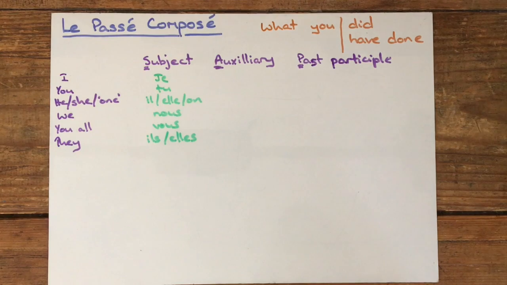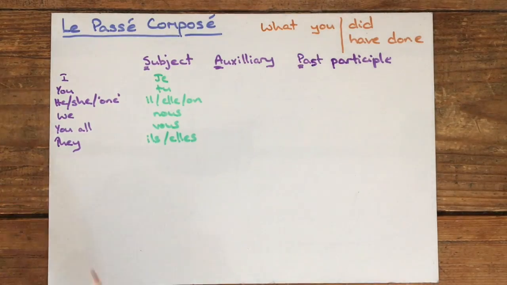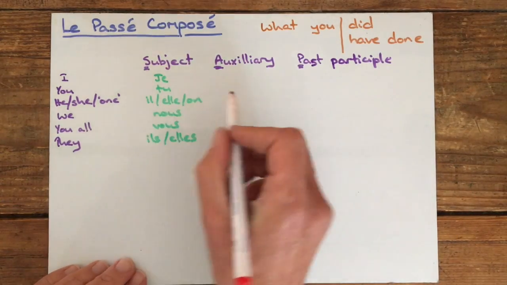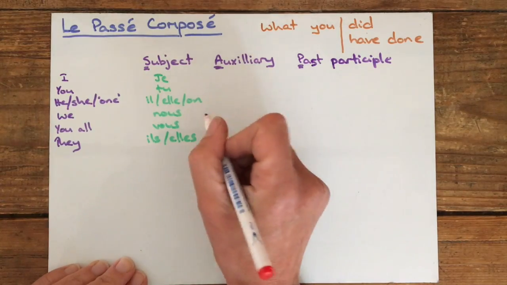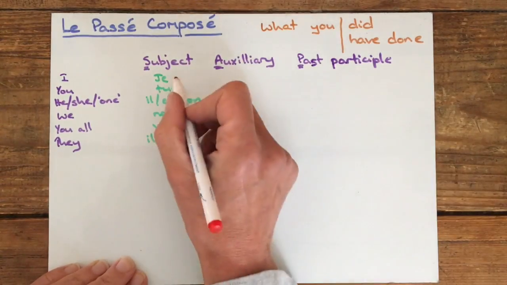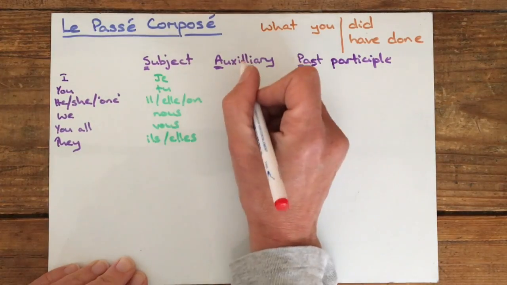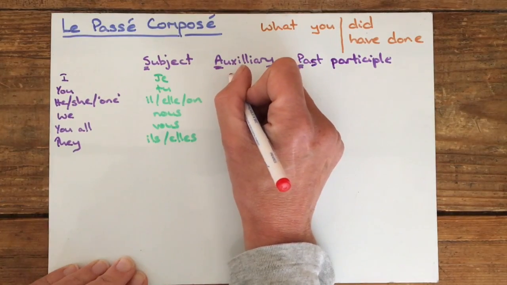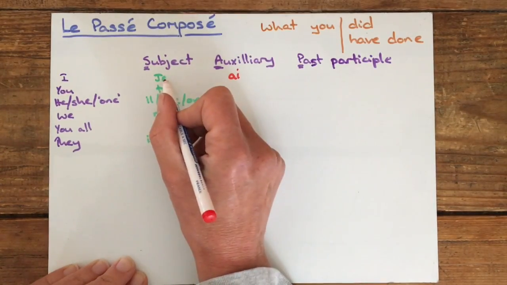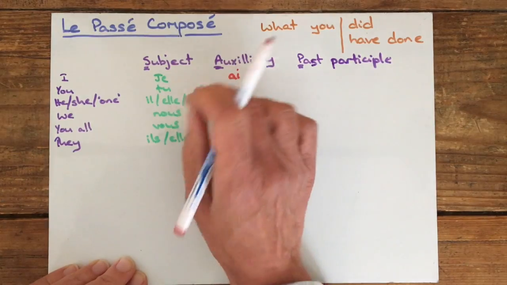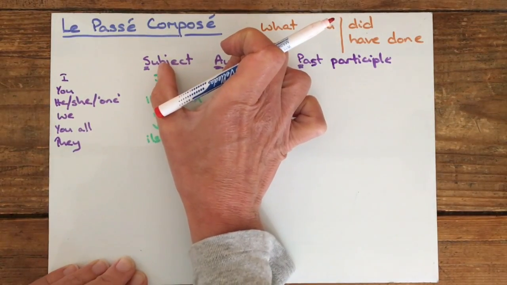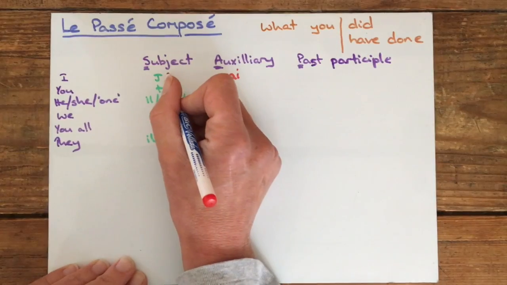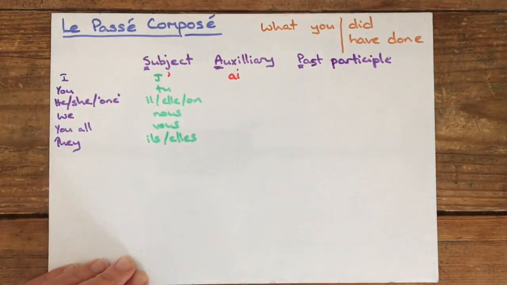Now we're going to put in our auxiliary. Now your auxiliary is going to be your verb. For these regular verbs, the most common auxiliary is going to be avoir, that I have, you have. So we need to put in the right form of avoir to match the subject. So for the je, it's going to be a. Now remember that we can't have je and a together. We can't have those two vowels together. So we're going to take out the e there and put in an apostrophe.